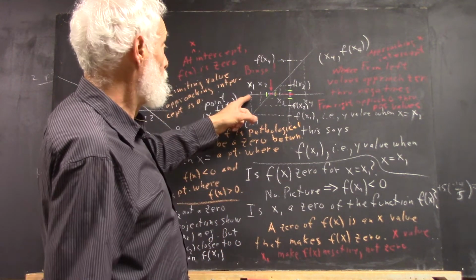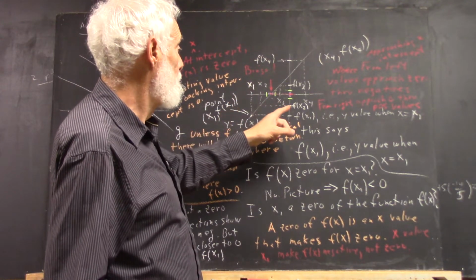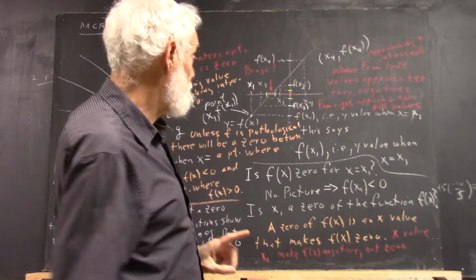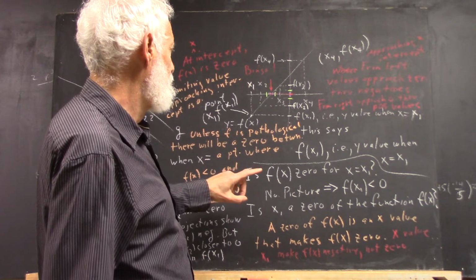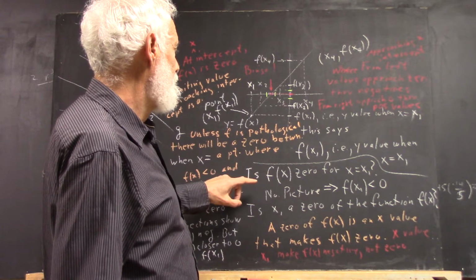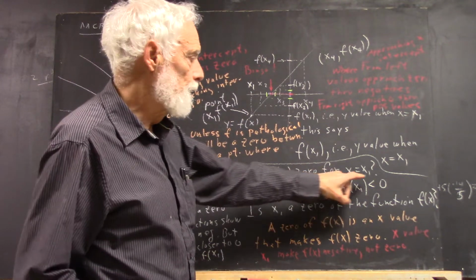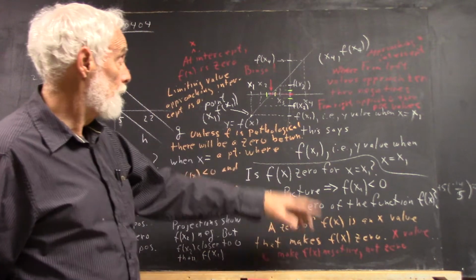So I wrote down 4 points, x1, x2, x3, and x4. And I asked the first question. Is f of x 0 for x equals x1? Okay, well, don't look at the answer, look at the picture.